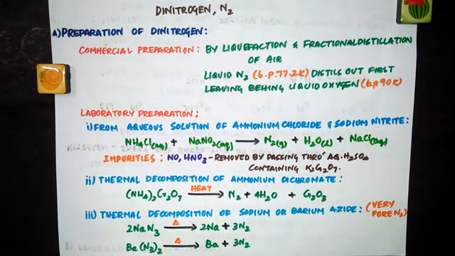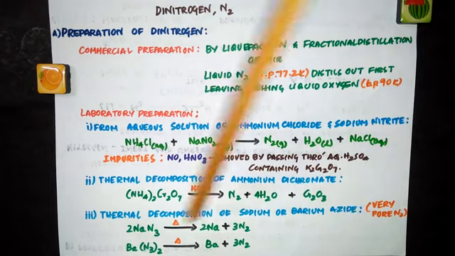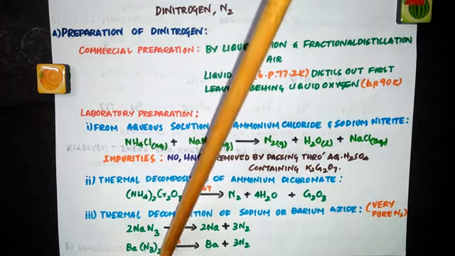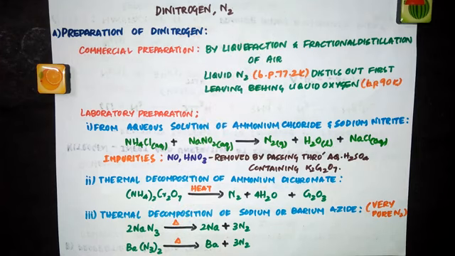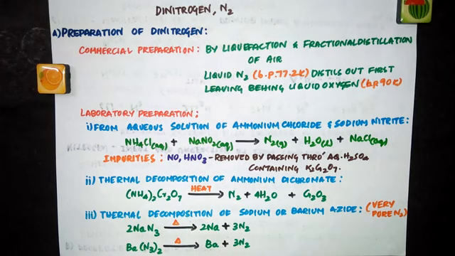The next preparation of nitrogen is by thermal decomposition of sodium or barium azide. You can prepare very pure nitrogen by this method. Sodium azide is NaN3, barium azide is Ba(N3)2. Why are we putting twice here? Because barium is Ba2+, its stable oxidation state, whereas Na is Na+.